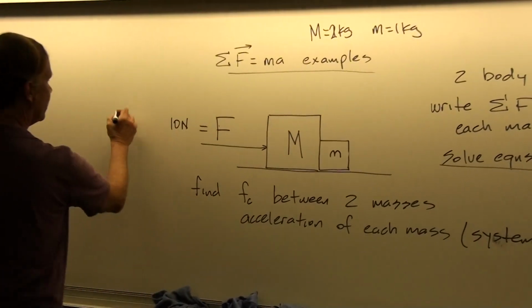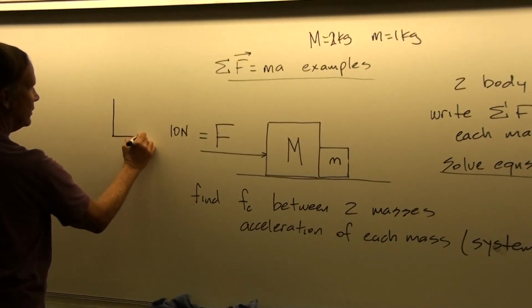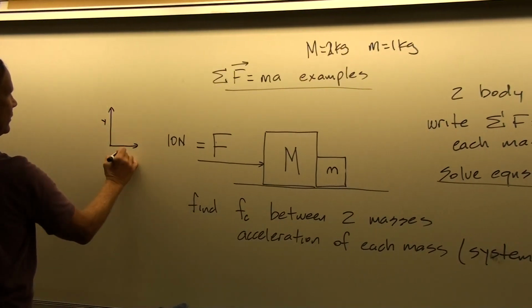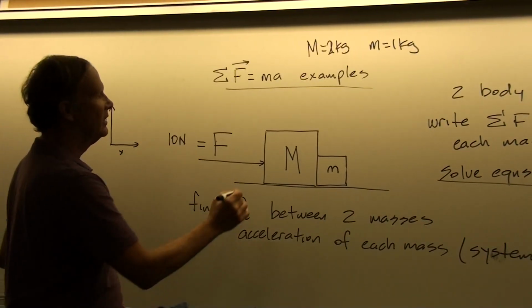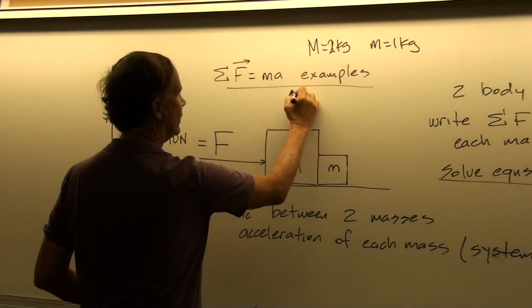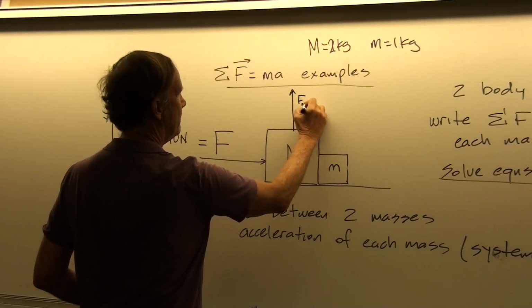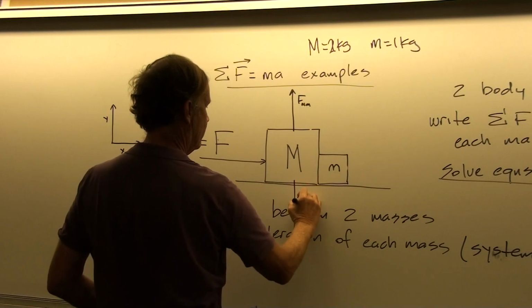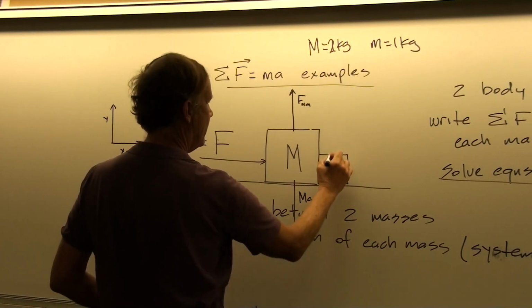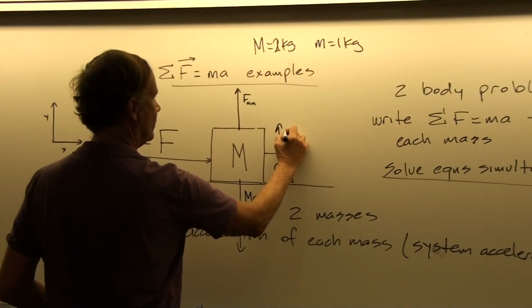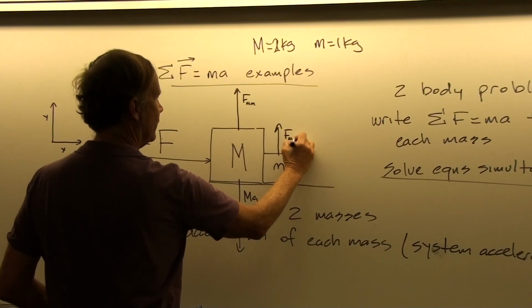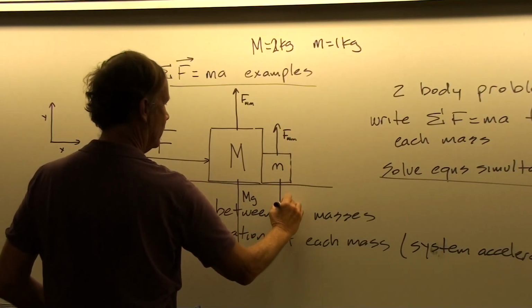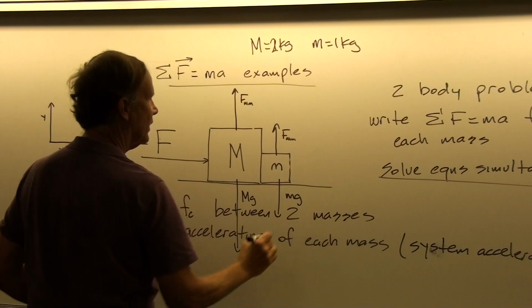Now we'll note here that there actually are forces acting in the vertical direction too, that we're not even really considering here. We have a normal force due to mass 1 and a force big mg, and then we also have a smaller normal force for the little mass and a smaller force, little mg.